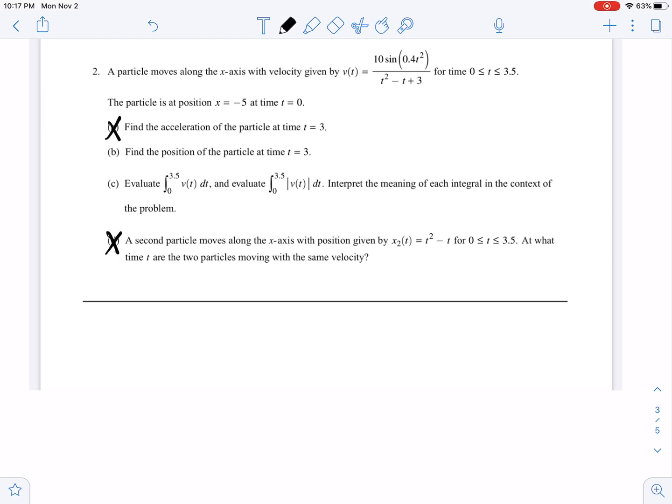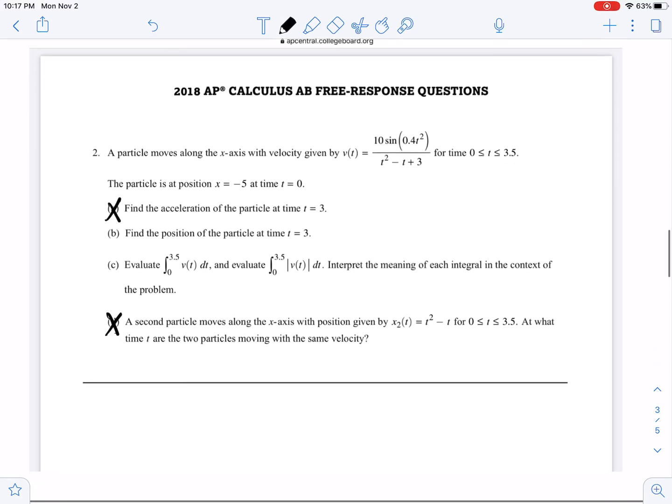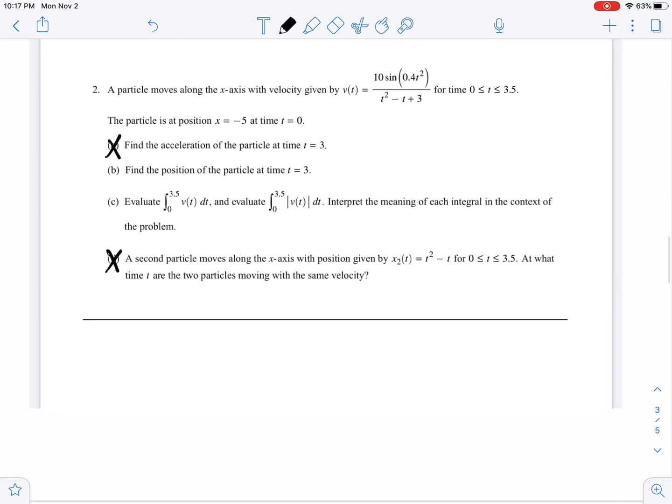All right, and we're given here a function we have to deal with, right? It gives us the velocity, and we want to know the position of the particle at time 3, right?